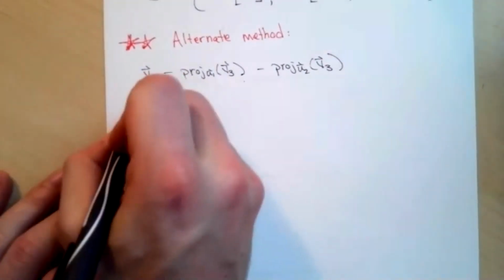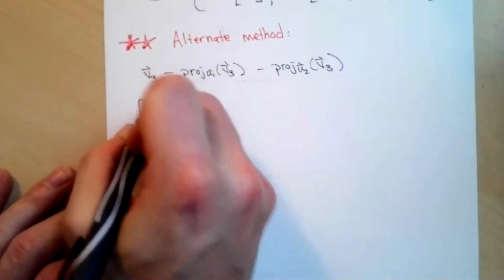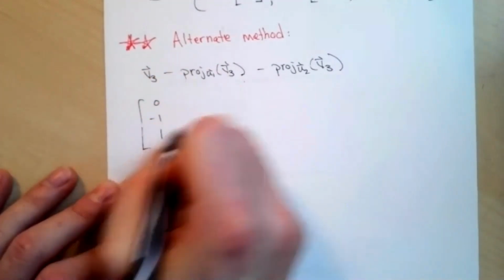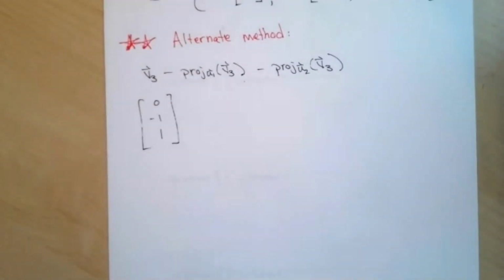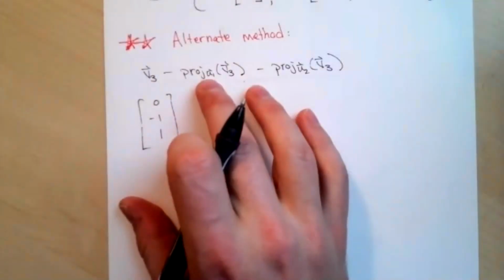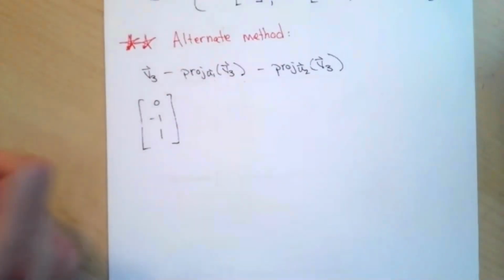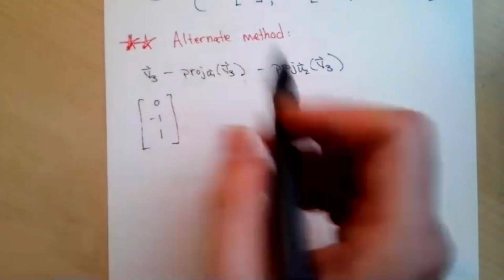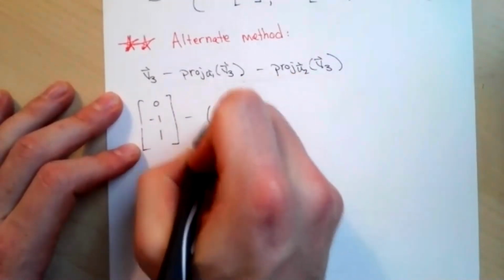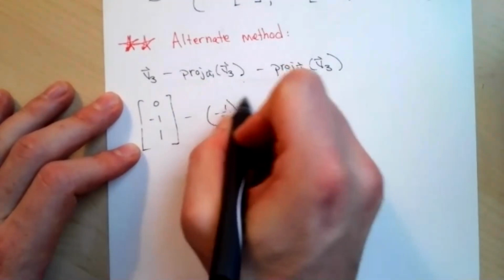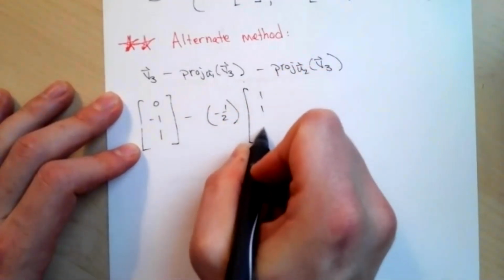So if we go through that real quick, our v3 was 0, -1, 1. Our projection onto u1 of v3 was -1/2, 1, 1, 0.